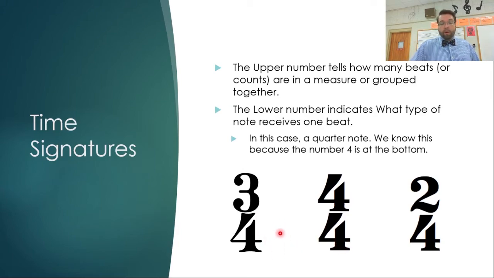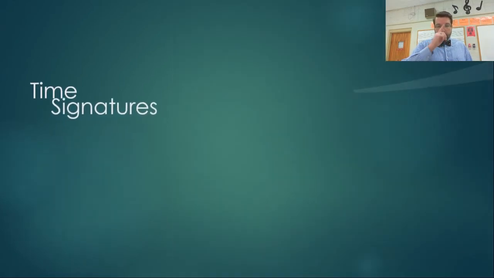If there's a 4 on the bottom, 4 is another word for quad, and it indicates that a quarter note will receive the beat. So if you see a 3-4, that means there's going to be 3 quarter notes per measure, at least worth of time. Okay? So that's what a time signature does.